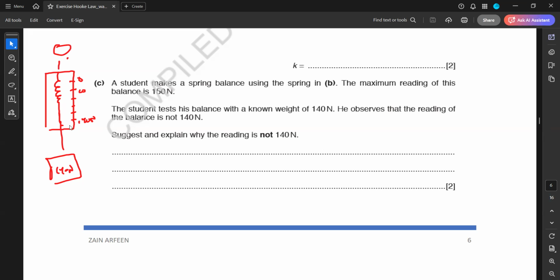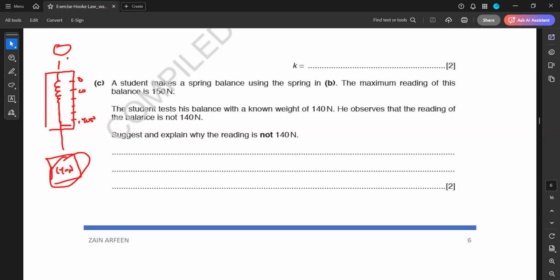The balance reading is not giving us 140, even though he attached a load of 140. So what could be the reason for that? The reason might be that we assume the spring is obeying Hooke's law, but when a heavy load is attached, the spring might deform or may not obey Hooke's law, or the force and extension are not directly proportional to each other.